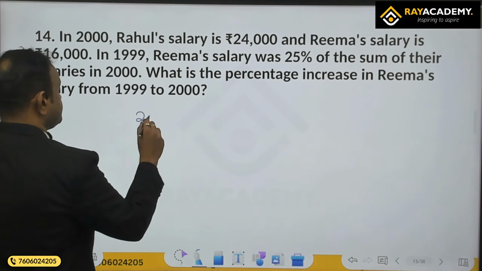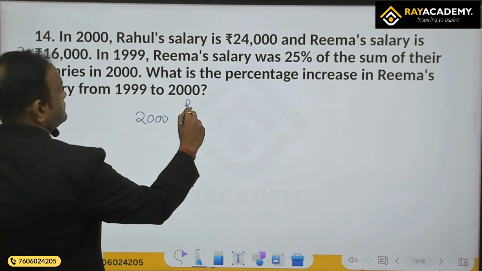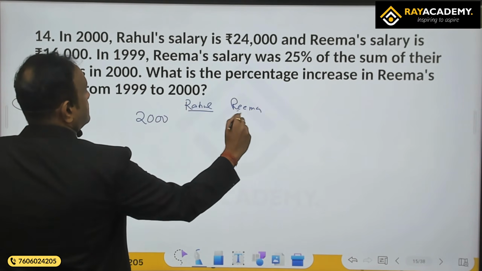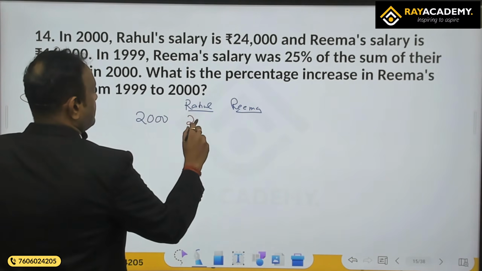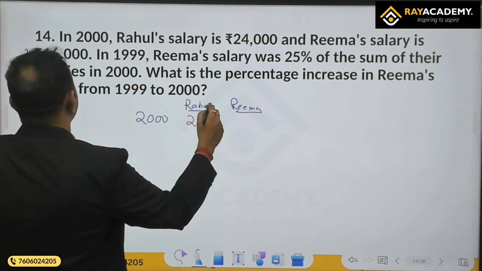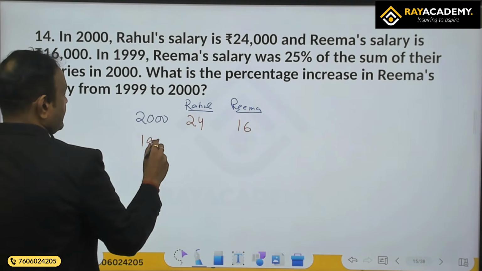2000. Rahul, Rima. Rahul's salary was 24,000. So write 24, no issue. 24k, 24,000. Rima's salary is 16. I can write only 16. Now 1999.